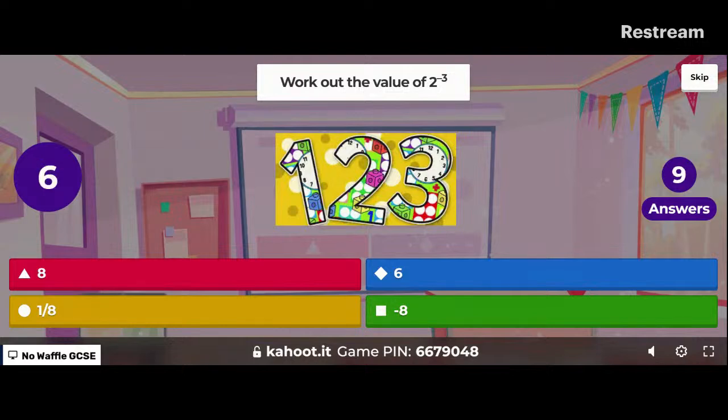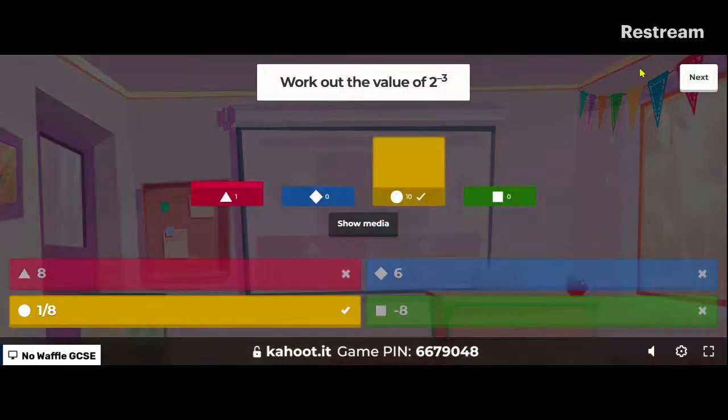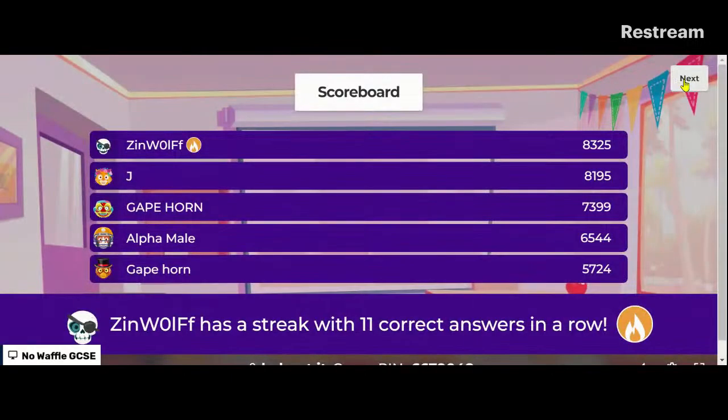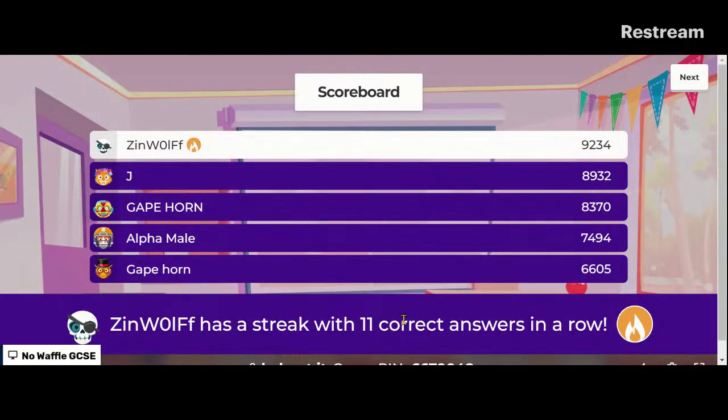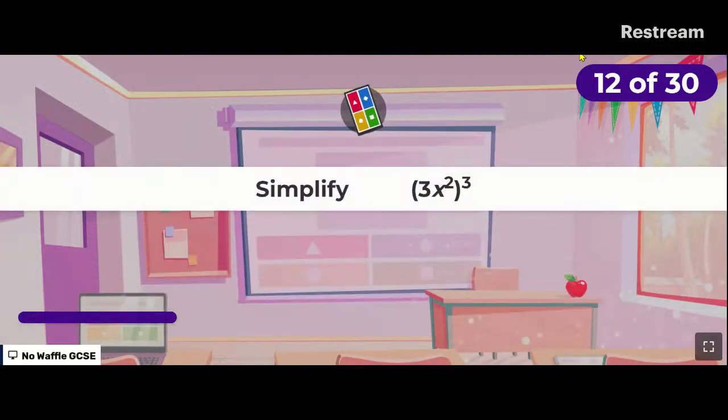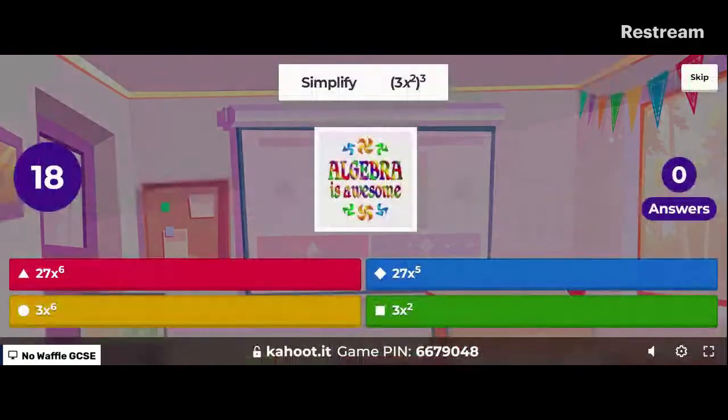Can we see if anyone can beat that? Zin Wolf has a streak of 11 correct answers. Well done. Okay, I'm glad it's a good quiz.